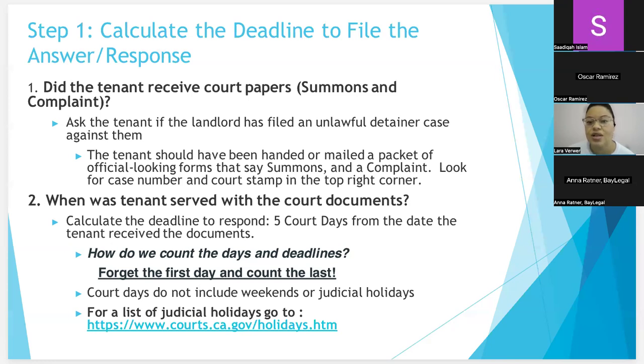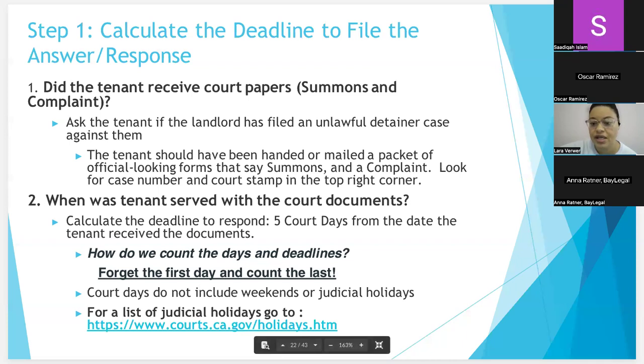It's basically telling the court, hey, you don't have jurisdiction or power to make any binding decision over me because the landlord didn't properly serve. If that motion to quash is granted, a landlord can reserve, or if it's denied, then the tenant or defendant has to file that response within 5 days.